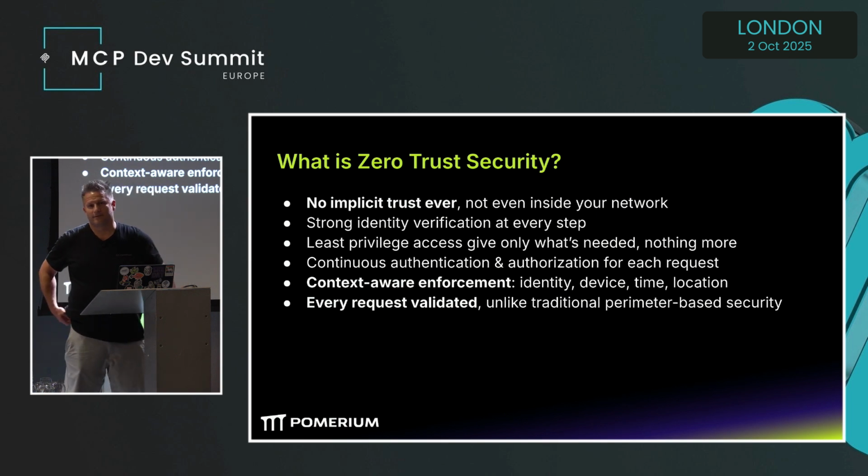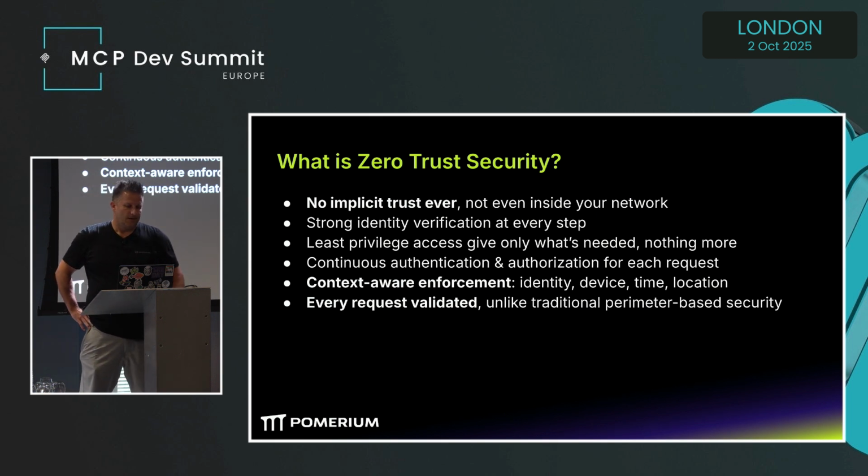So what is zero trust? There's a few things to it. There's no implicit trust ever, not even inside your own network. There's not a VPN in this scenario typically. Zero trust security can live within a VPN, but ideally you can just go straight to zero trust at some point. It's strong identity verification, and it's context aware. Every request is always verified through a policy engine, and obviously your login.